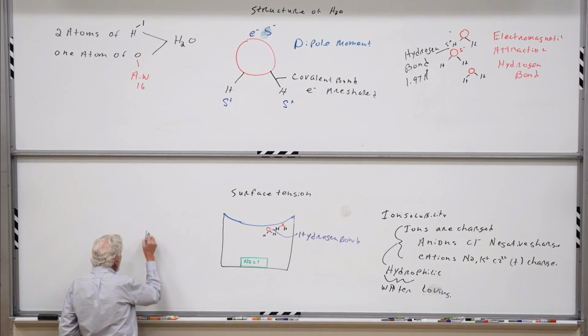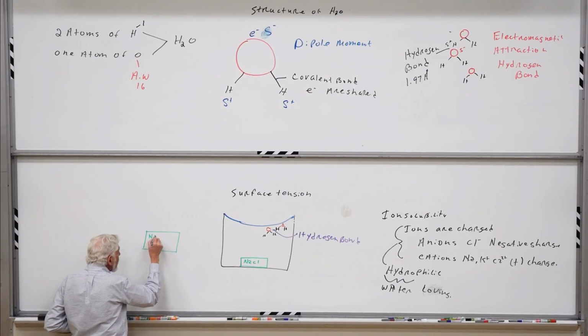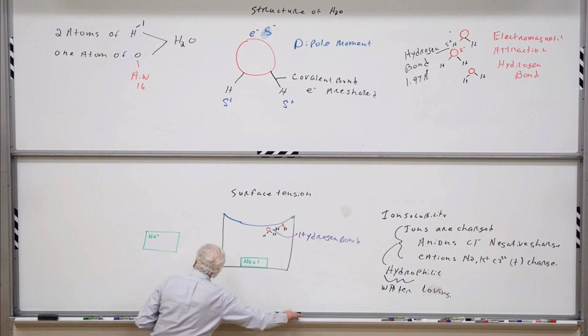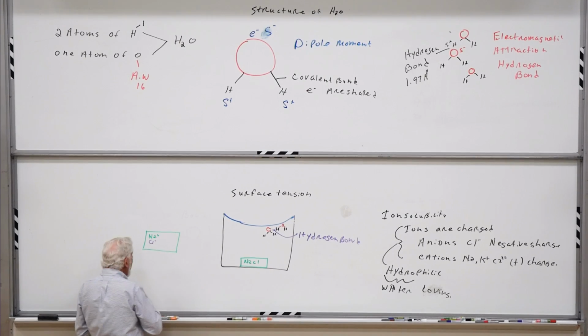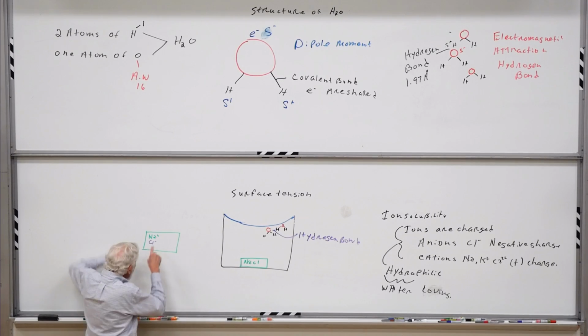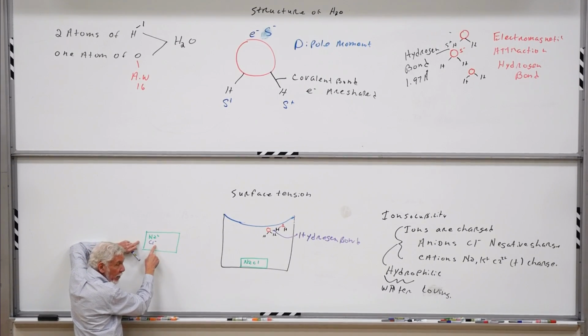Now, in that crystal, each sodium ion is paired with a chloride ion. They're paired one for one in the sodium chloride crystal. But they're fully charged. There's a fully charged sodium ion and a fully charged chloride ion.